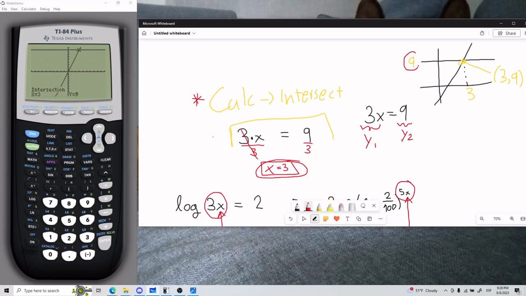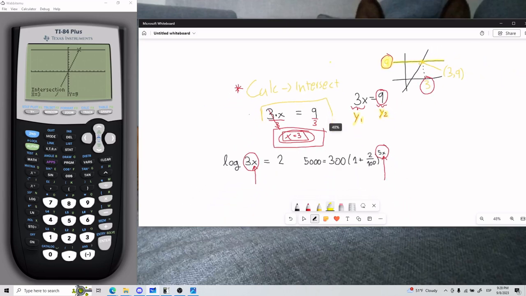This 9 here is that 9 there, and this 3 here is the value you got for x equals 3 doing it by hand. The key idea is that when you do the y1, y2 thing, one of them is going to be a horizontal line. In this case, my horizontal line was 9, which is one side of my equal sign. And that is all you need to know for the calc intersect trick.